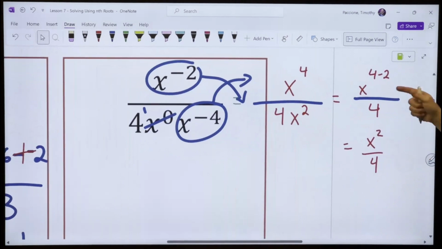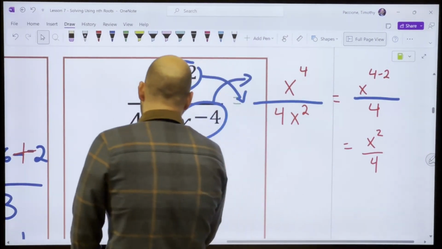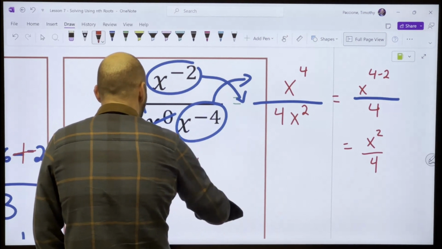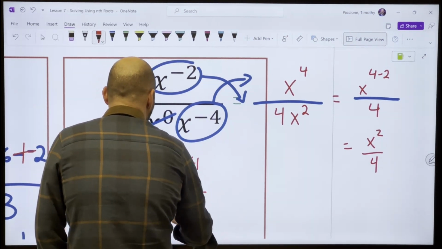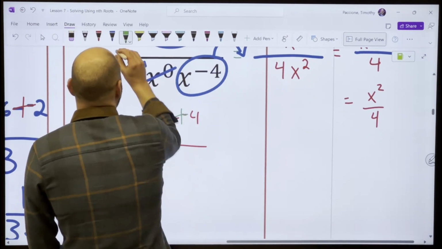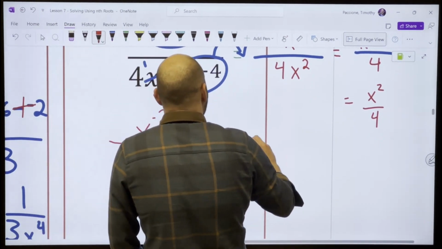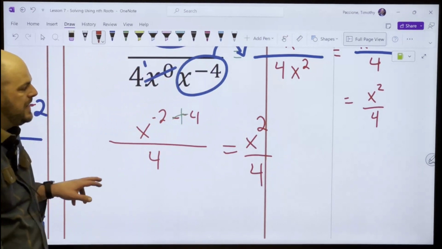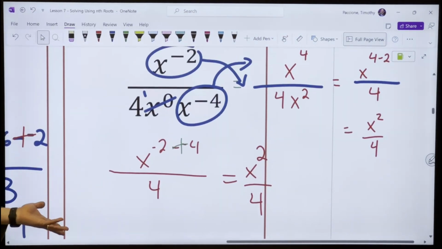Now, you could have done it the way we've always done it, which is you could have said x to the negative 2 minus 4 over 4, and then you just do that math, and you get x to the positive 2 over 4, and you get to the same answer in a little bit fewer steps, but maybe it's less confusing to do the first way we did it. It's up to you. Make sense? Ready for the next questions?